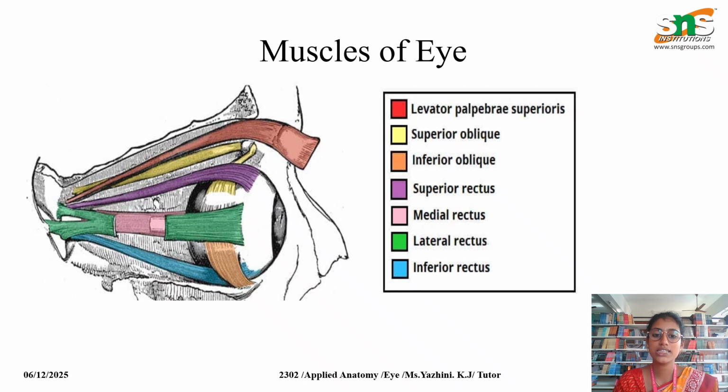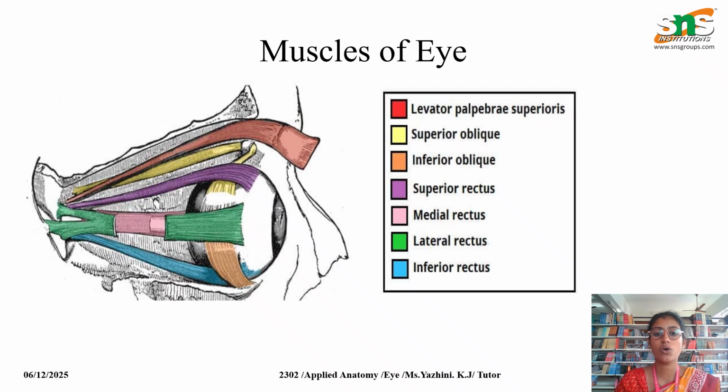The eye has extraocular muscles, which help in up, down, side to side movements, and rotations. These are all supplied by the cranial nerves, which are the third, fourth, and sixth. Weakness or paralysis of these muscles can cause double vision and squint.